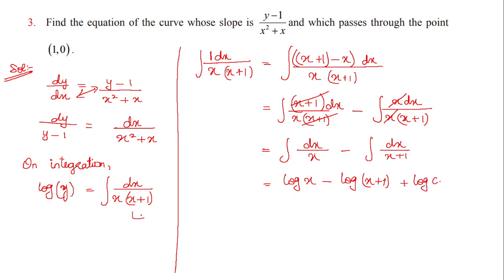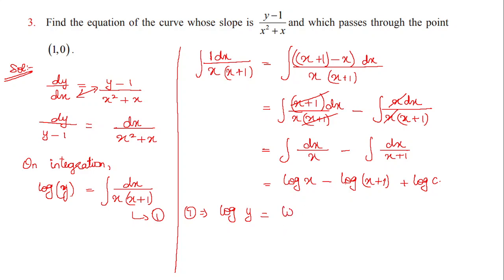So substituting back in equation 1, we get log y equals, in the format log a minus log b plus log c. The plus terms become multiplication and the negative terms go to the denominator, that is division.